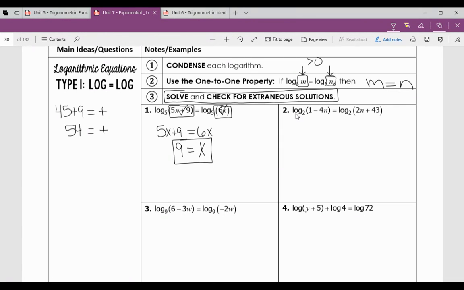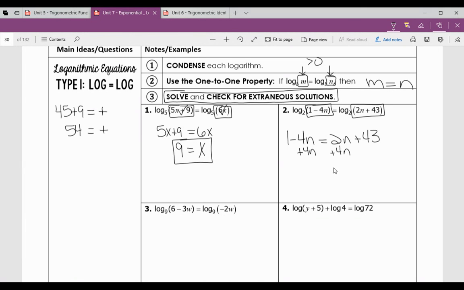Okay? So I have a log base 2 equal a log base 2. So I can take my numbers and set them equal and solve it. So 1 minus 4n equals 2n plus 43. I'm going to add the 4n, so that gives me 6.